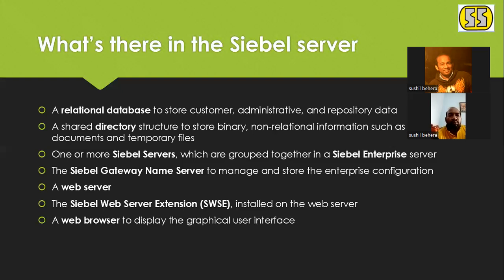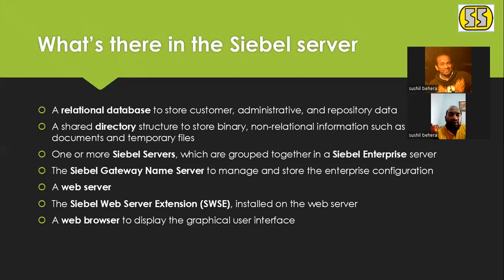Okay. To make it easy to remember all these things, there is a Siebel gateway name server, and the Siebel gateway name server keeps all these things. Okay. So that's why we call it a Siebel gateway name server. So it's kind of a security person, like in an apartment we have security. Whenever a person wants to meet someone, he goes to security first, saying that okay, I want to meet Susil Behr. When he goes to the apartment, he asks security.